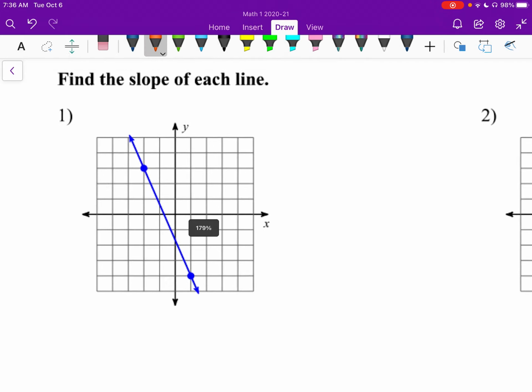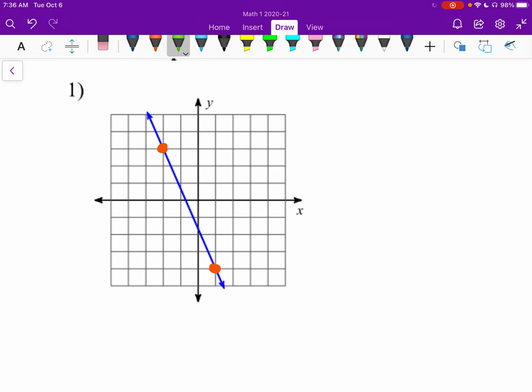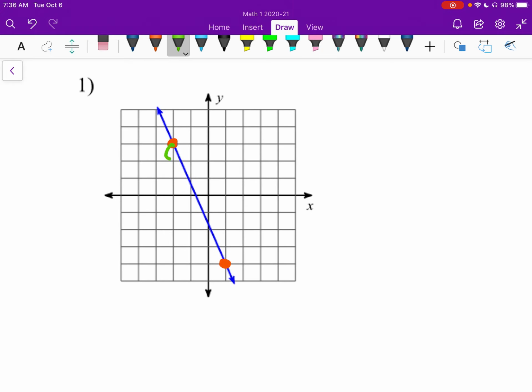And what we're going to do here to actually get our slope is we're going to count how far up or down, in this case down, does the line go to how far across. And we're going to use these 2 points that they've already labeled for us. So they've already put little dots on. So we're going to count how many units down do we go? 1, 2, 3, 4, 5, 6, 7. So our rise is -7 because we went down 7.